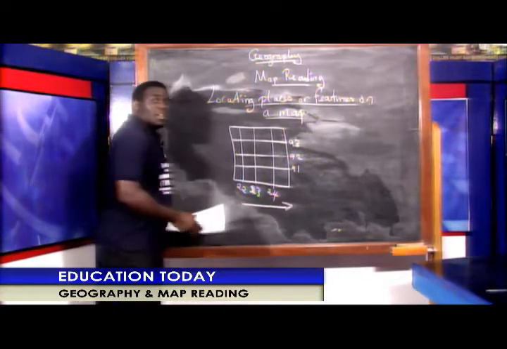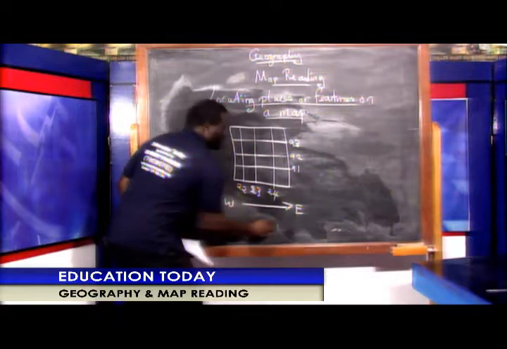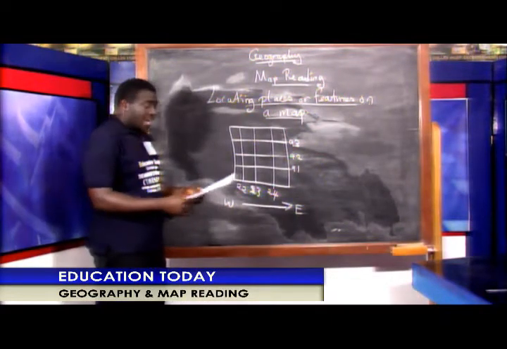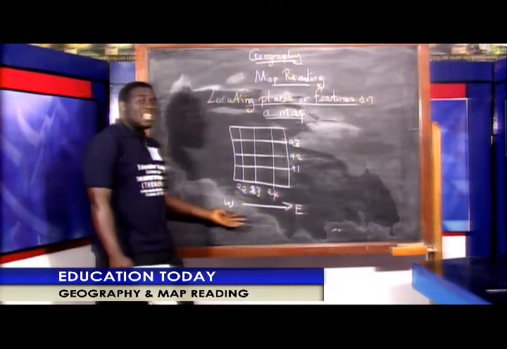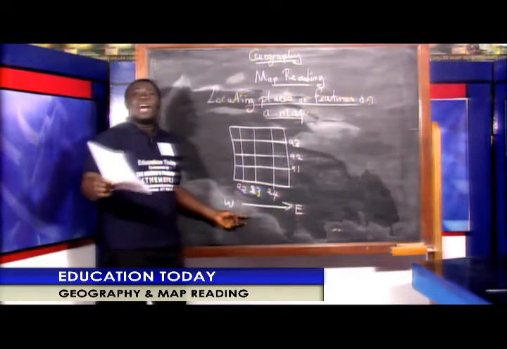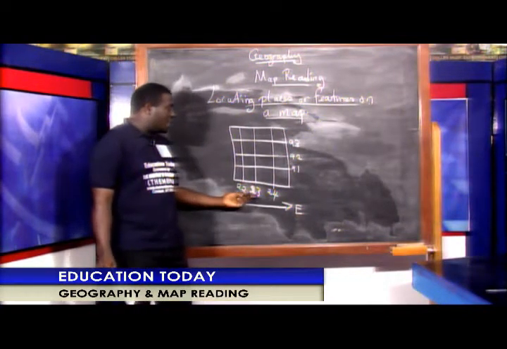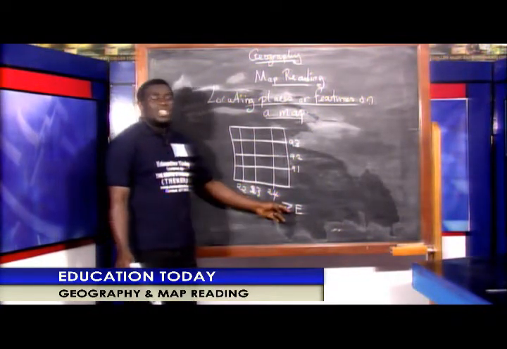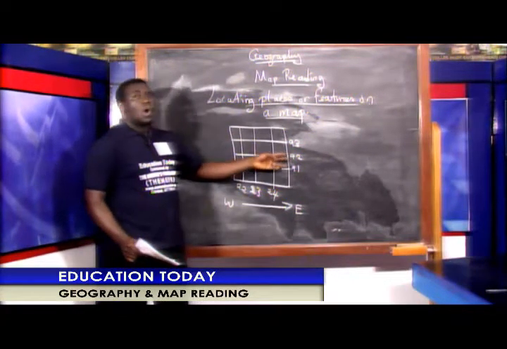We have this direction, which is the west, and this is the east. We define eastings as lines with values increasing from west to east. These are the lines, their values are increasing from west to east. My televiewers, if you are following carefully, you will know the meaning of northings.